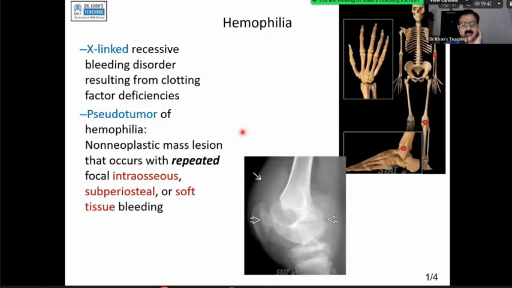This bleeding can be within the joint cavity, number one. Number two, it can be within the bone, and it can be in the subperiosteal or adjacent soft tissue. And this makes different kinds of radiology. So this is the key point: intra-articular, intraosseous, or subperiosteal and soft tissue.